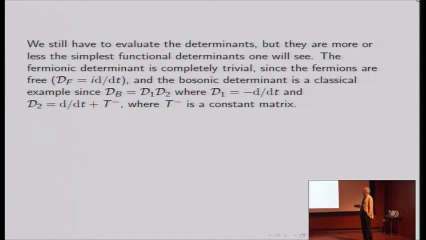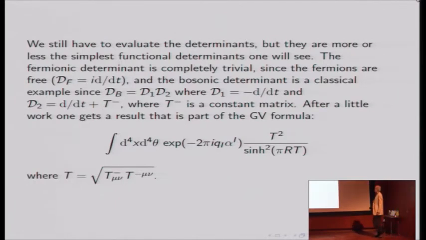You can literally just diagonalize this matrix and replace it by a constant number. So the operator whose determinant you have to compute is d/dt plus a constant number. If you ever calculated a functional determinant as a student, you probably computed that example because nobody could have given you a simpler example.